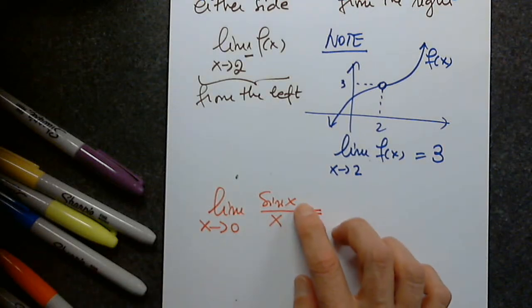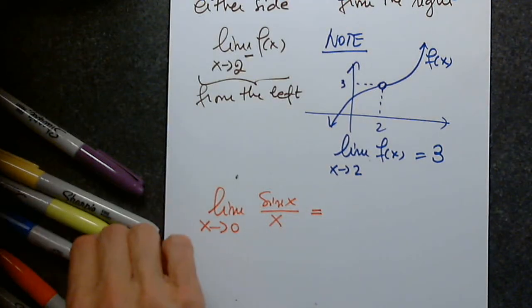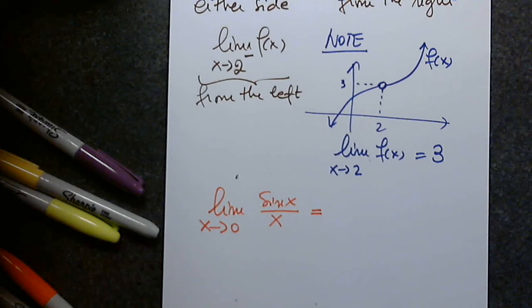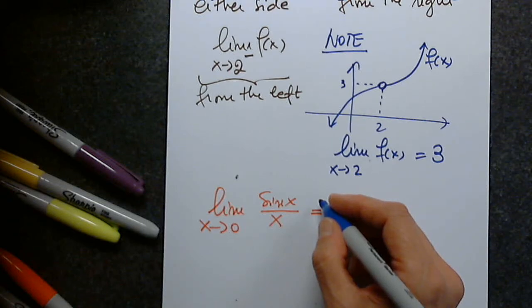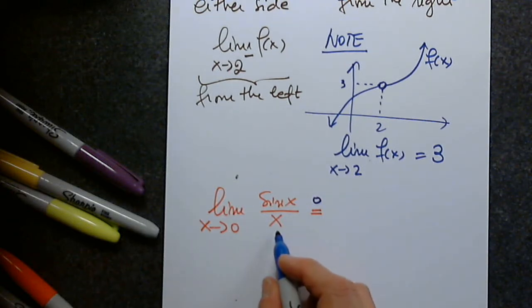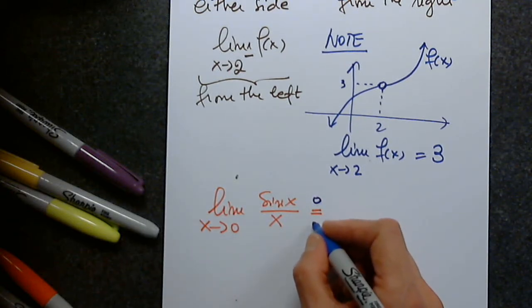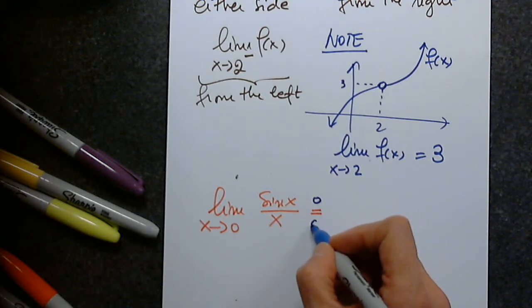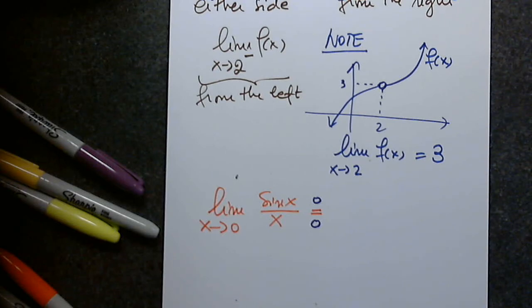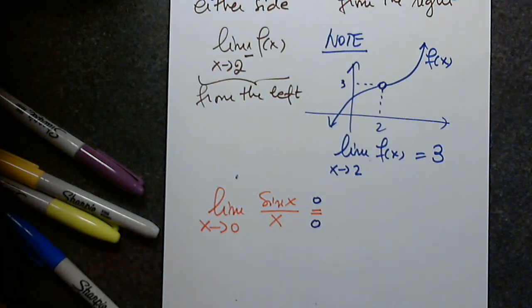When I plug in 0 in sine, what do I get? It's the other one. Cosine is 1, sine is 0. Good. When I plug in 0 in the denominator, what do I get? 0. I want to analyze this before we look at the graph.